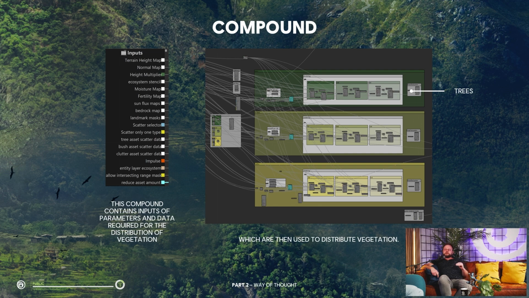We distribute trees, and then we use information from their position to impact the distribution of bushes. And then we again reevaluate, take all that information again, and then distribute the clutter. It's rather complex. And by the way, each of those examples here is also not a node, but a compound. So it's kind of inception-wise, we can go deeper and deeper until we reach the endpoint.